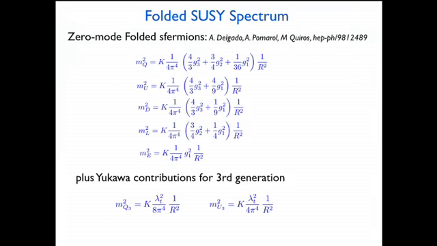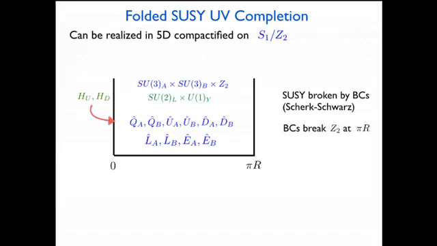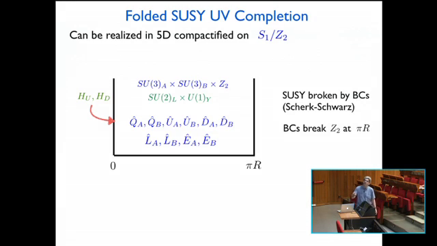The interesting thing that I do want to point out is that the scalar masses are actually calculable in this theory, and this is a very old calculation from these people, because essentially what happens here is that SUSY breaking is non-local. Essentially, in this setup, we have an N equals 2 supersymmetry in the bulk, and then you have N equals 1 supersymmetry at this fixed point and at this fixed point, but these two N equals 1 supersymmetries are different.